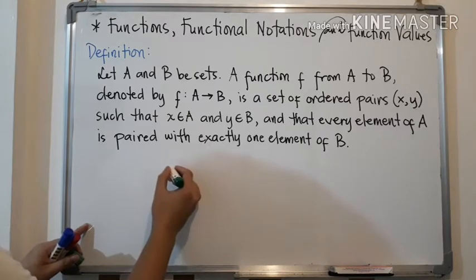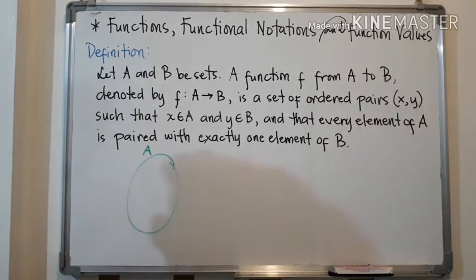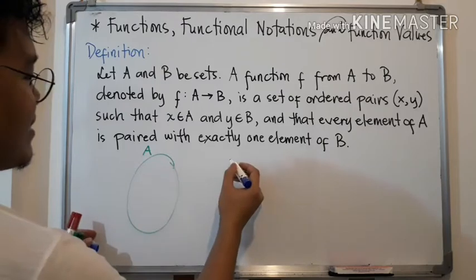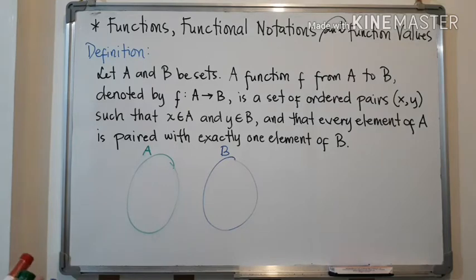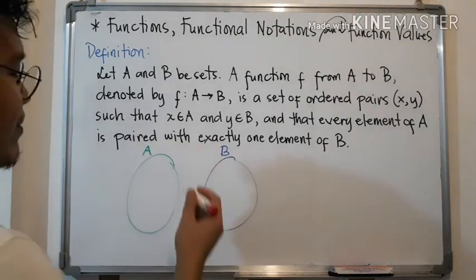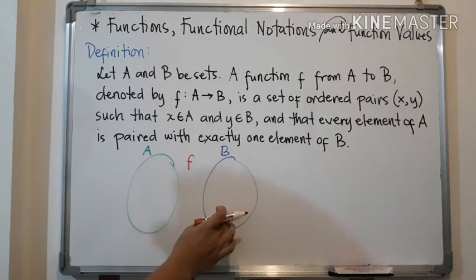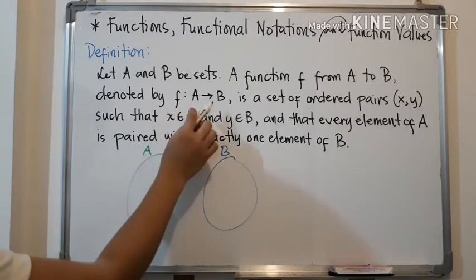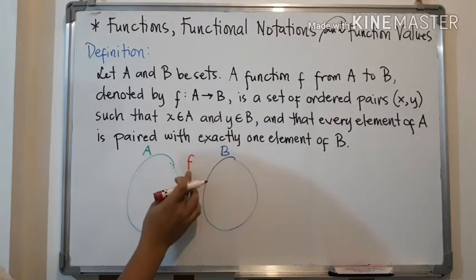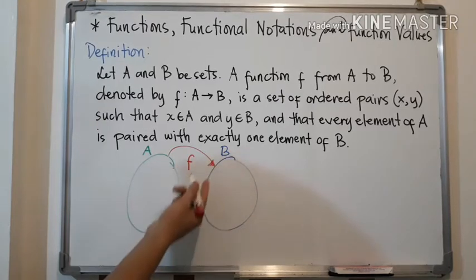So say for example, we have this set A, and say we have this set B. Now a function f, say we have this f, a function f from A to B, denoted by f, that maps set A to B, meaning yung work ng function, yung role ng function is to map set A to set B. Take note ng direction ng mapping.